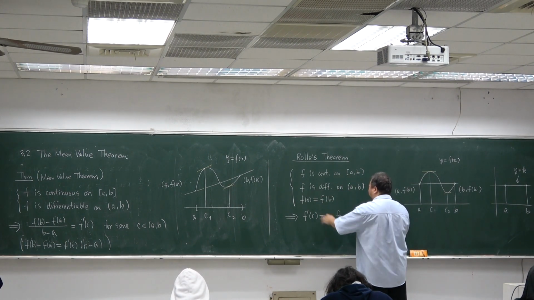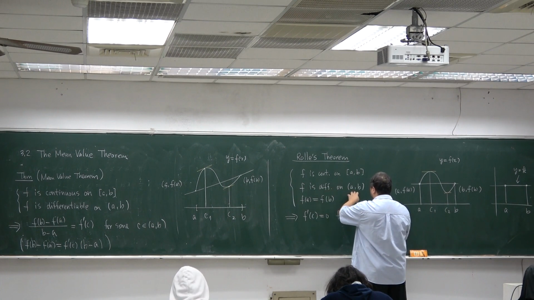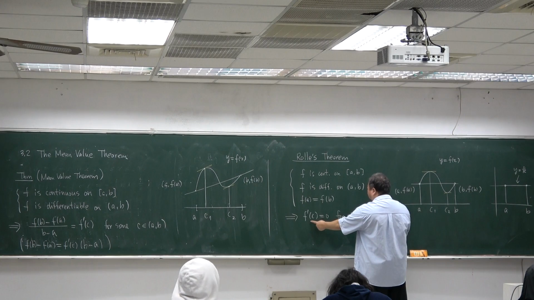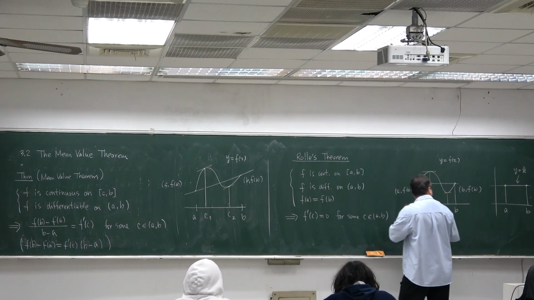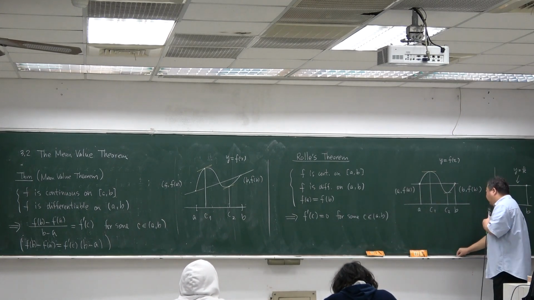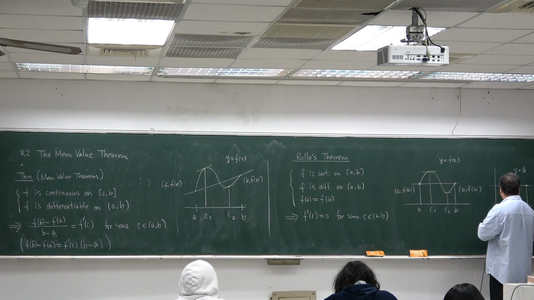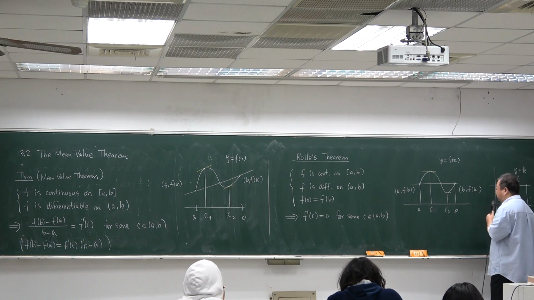A constant function is differentiable in the open interval AB, and its derivative is 0 everywhere inside. So in this case, c can be any number interior to AB. Horizontal tangent everywhere.